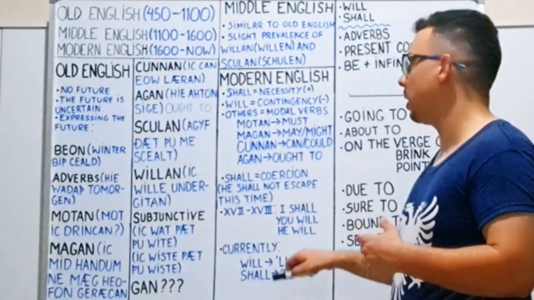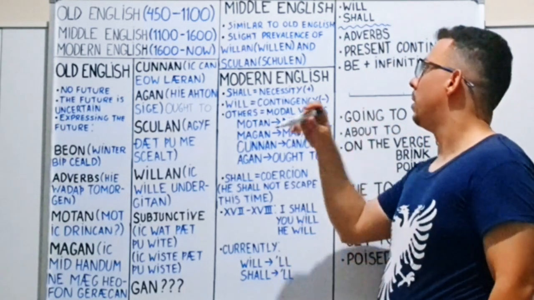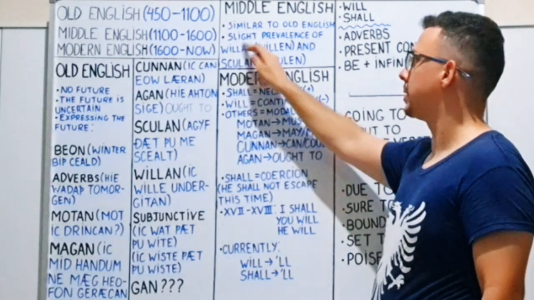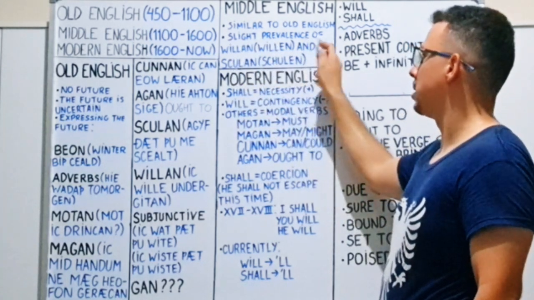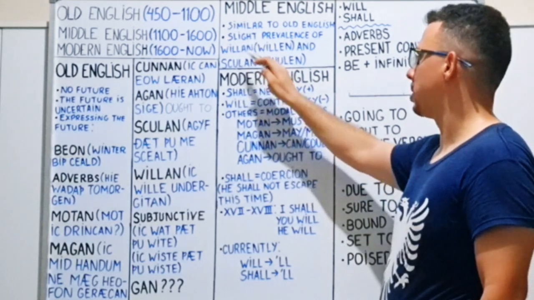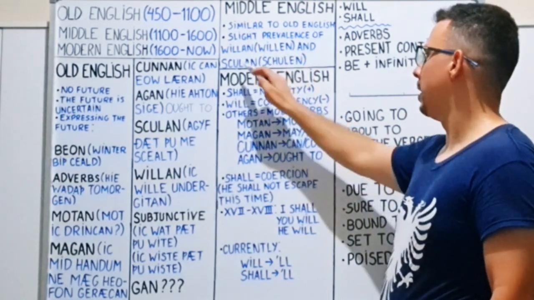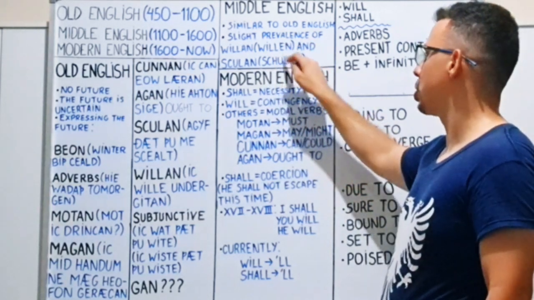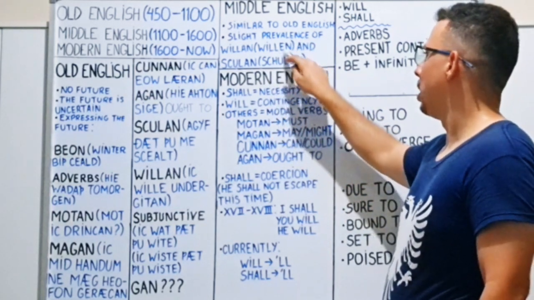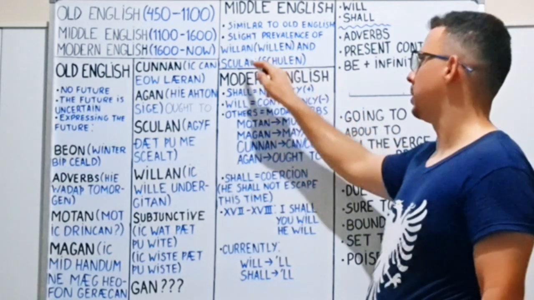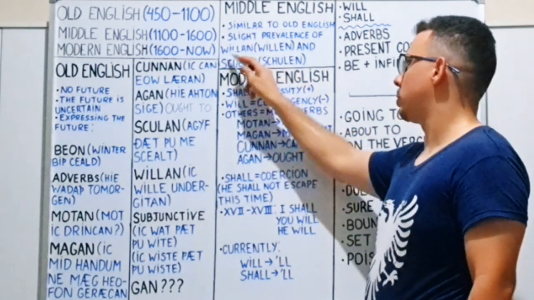One thing that I would like to emphasize is that there was a slight prevalence of Willan and Schulan. And Willan sometimes was written as Willen, and Schulan was written as Schulen. Right? These are the Middle English spellings, right? But that's just Willan.